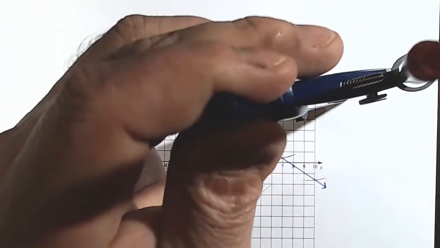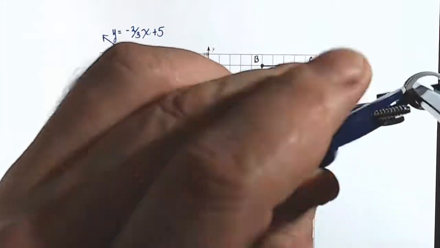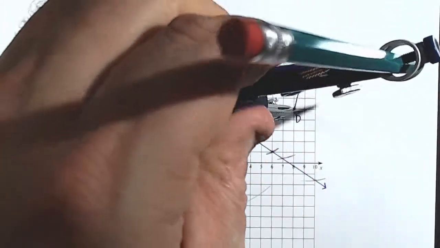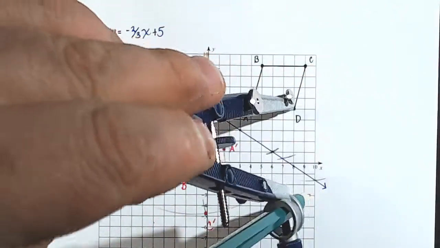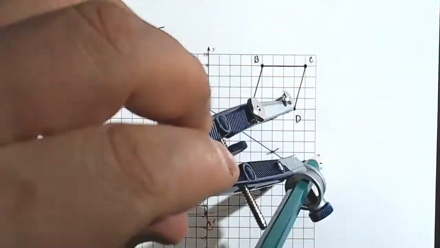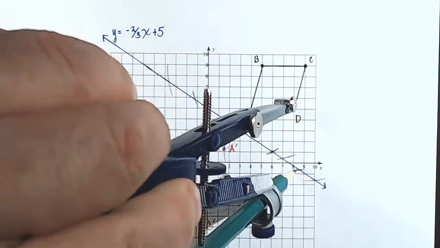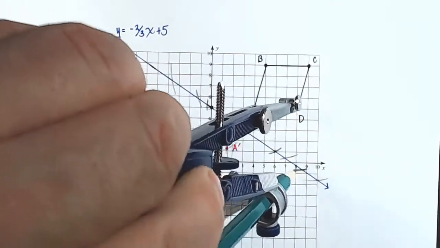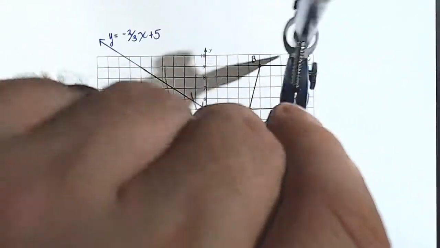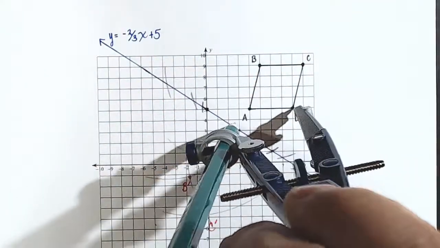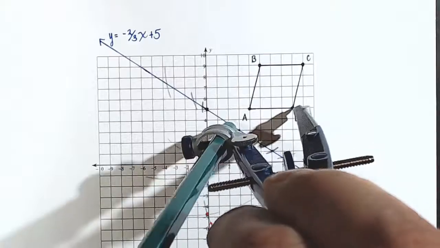And finally D prime. Okay, so we'll take our compass point and put it on point D. Let's change the dimension of our compass so we can actually plot this. So I'll make a mark there. Swing the compass around, make a mark there.